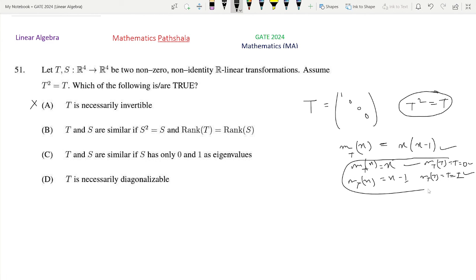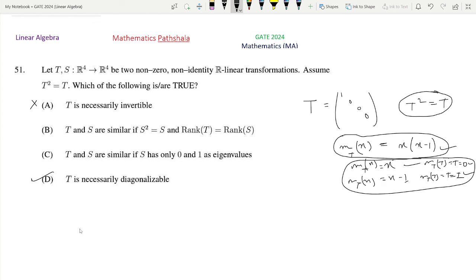So these two options do not hold here. So m_T(x) will be x into x minus 1, because if we put T here, we have T square minus T, that is 0. So x into x minus 1 will be the least degree polynomial which annihilates T. So this m_T(x) is the product of distinct linear factors. So T will be diagonalizable. So option D is the correct option.